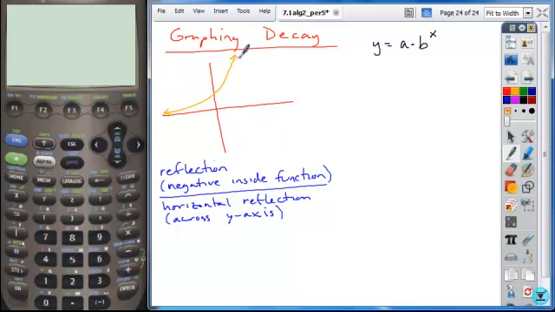And so if we took this function right here and we looked at the graph y equals a times b to the minus x, the way that this would appear with respect to this reference graph is it would reflect it across the y-axis. So this portion that goes up and to the right would go up and to the left, and this portion that goes down and approaches the asymptote goes down in this way. So this right here is the parent function for decay.